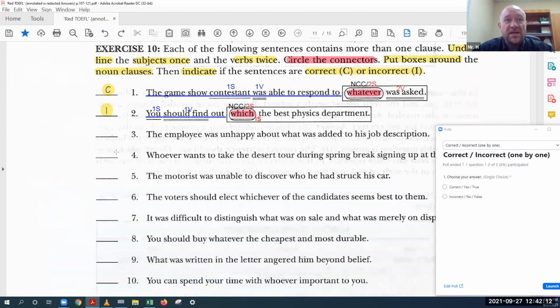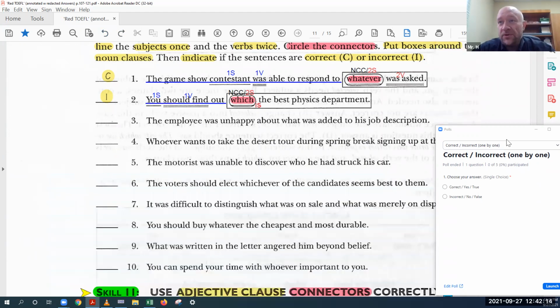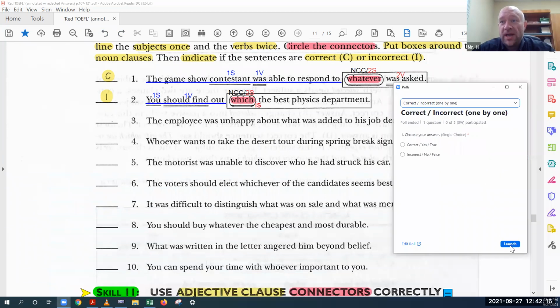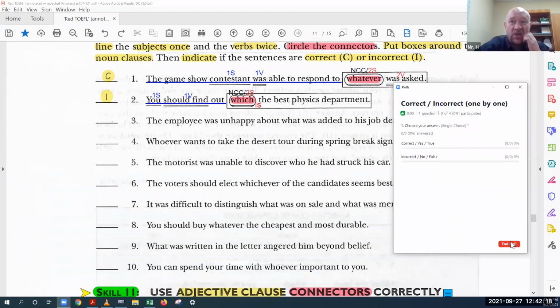Let's do this, guys. Number 3. I'm going to give you 30 seconds. I want you to choose an answer now, either correct or incorrect.